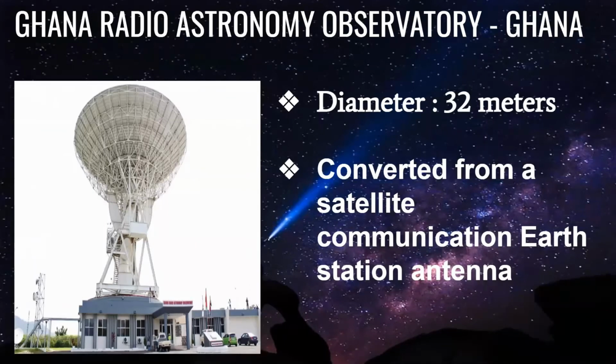The Ghana Radio Astronomy Observatory is a 32-meter dish. The size of the main reflector is about 32 meters. It was formerly a satellite communication earth station antenna, and it was then converted into a radio astronomy instrument or telescope.